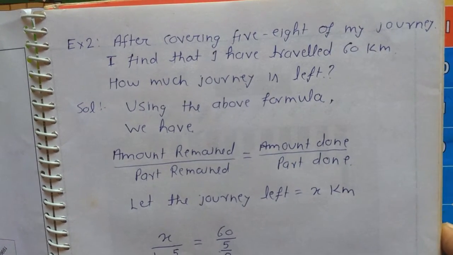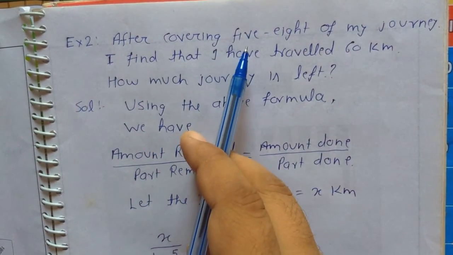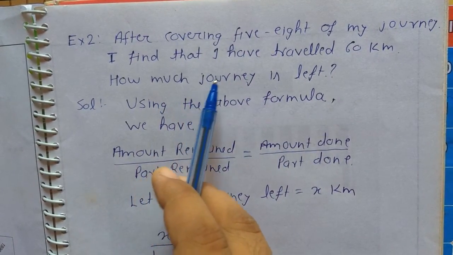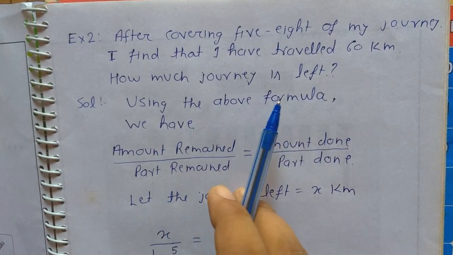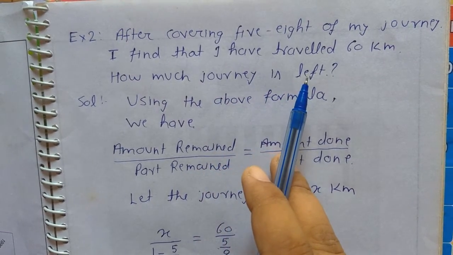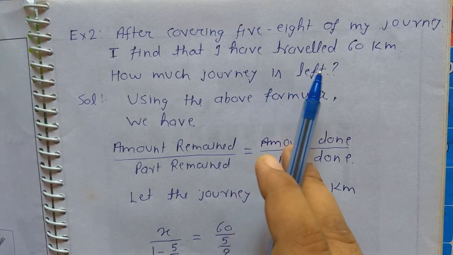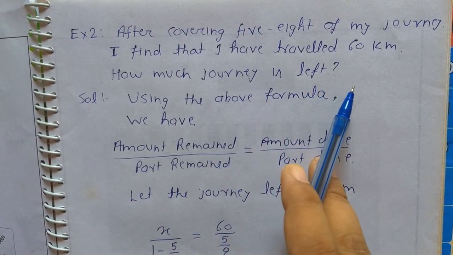See here, after covering 5 by 8 of my journey, I find that I have traveled 60 kilometer. How much journey is left? After covering 5 by 8 of my journey, this is part covered of my journey, and I have traveled 60 kilometer.